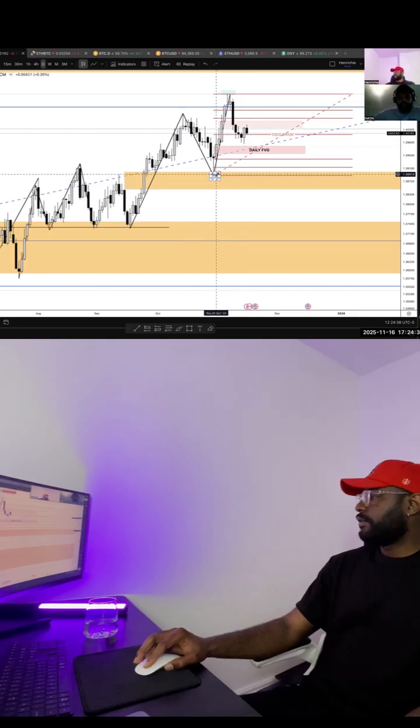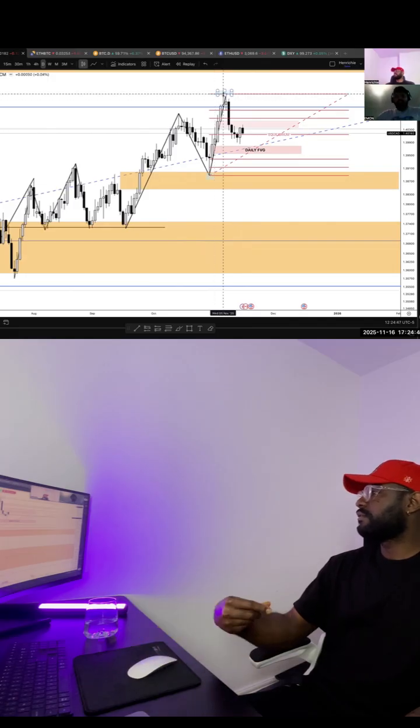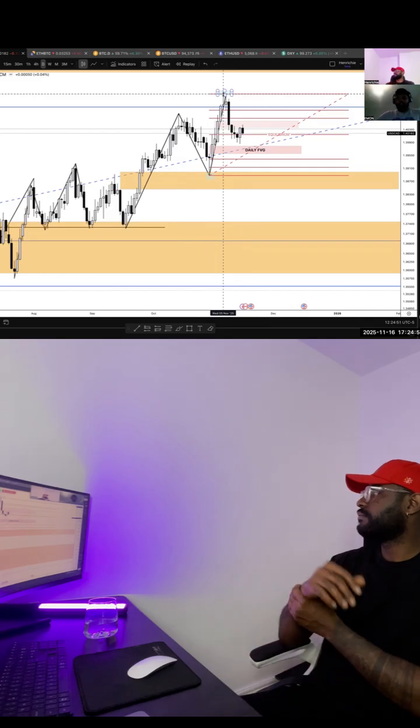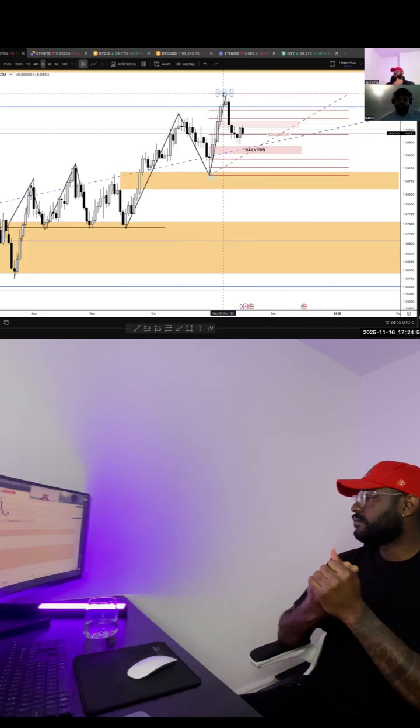Yes, if you want to draw the Fibonacci, draw it from the last low to the last high. Does that make sense? Yes, that makes sense.